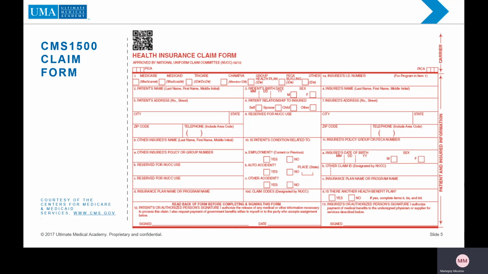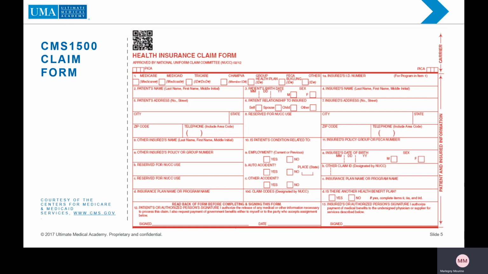Form locators 1, starting up here with Medicare, through 13. So what information goes in each and every one of these boxes? Well, let's talk about them. In form locator number 1, this is where you select the type of insurance. So you have Medicare, Medicaid, TRICARE, CHAMPVA, Group Health Plan, or other.